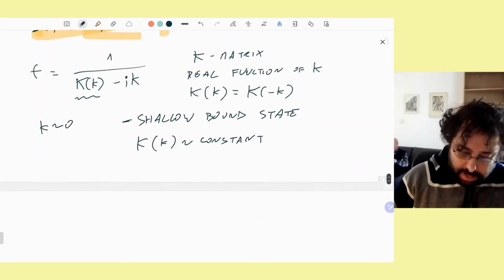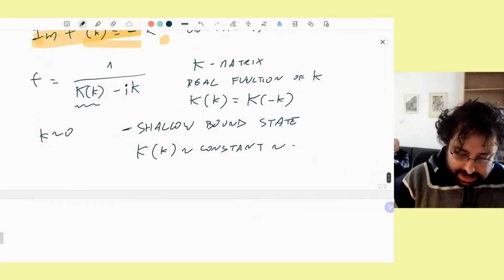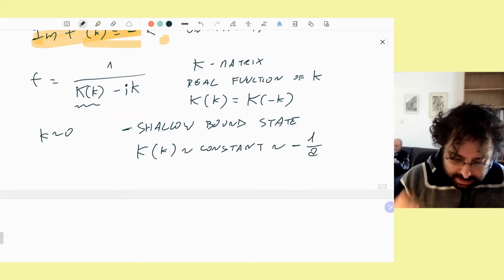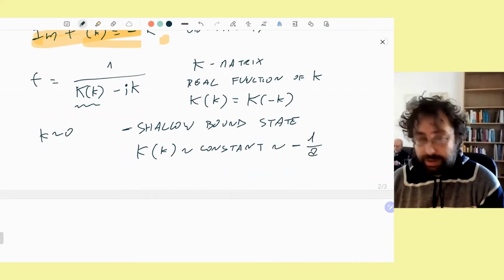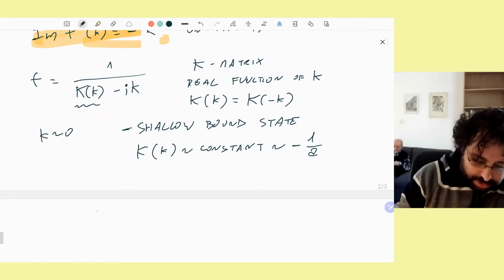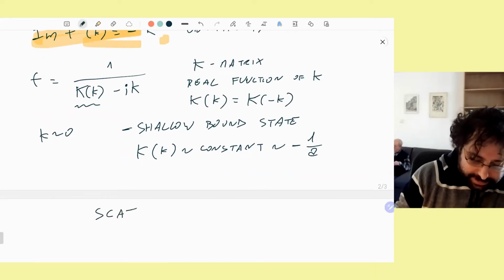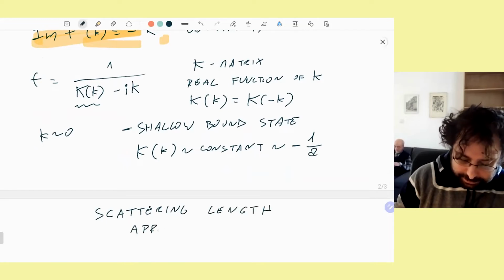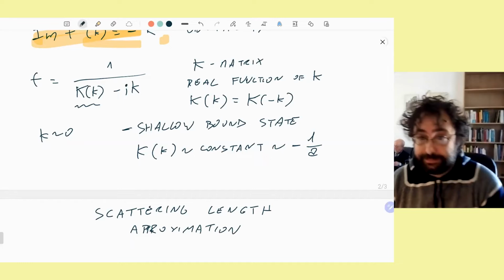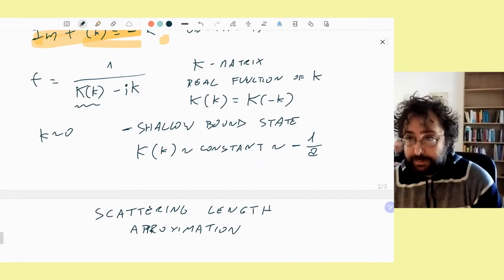And conventionally, this constant is written this way, and A is called the scattering length. So this is also called the scattering length approximation.